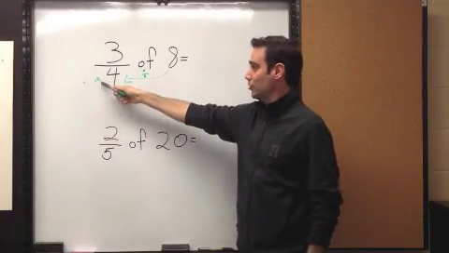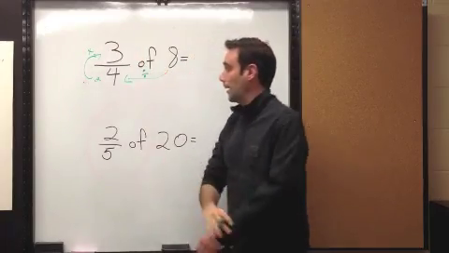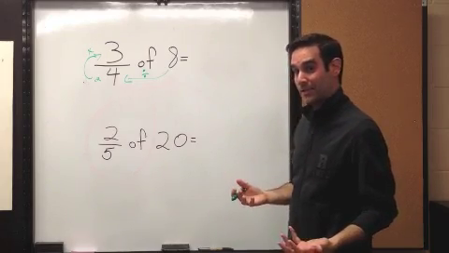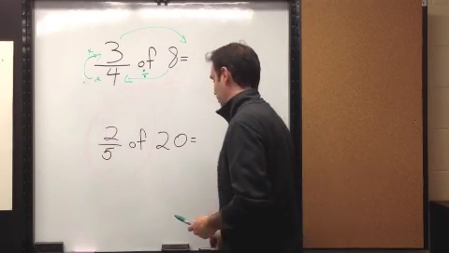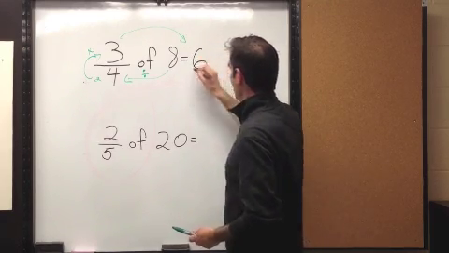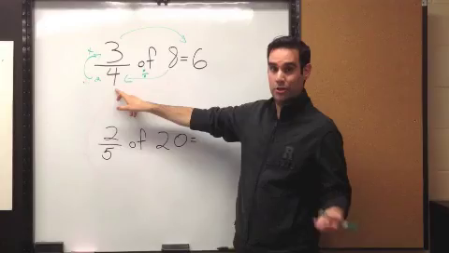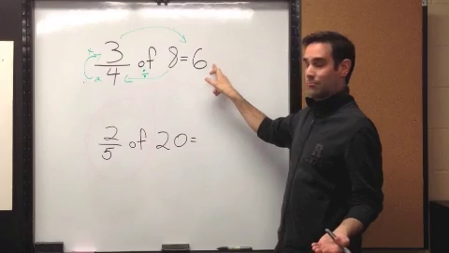Now I take that 2 and I'm going to multiply it by 3. 2 times 3 is 6. So 6 goes right here. So I took the 8 and I divided it by 4, which gave me 2. I took the 2 and I multiplied by 3, gave me 6.